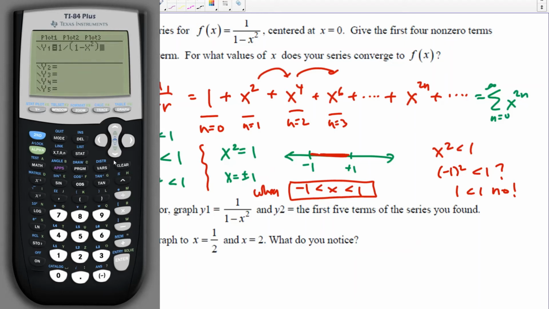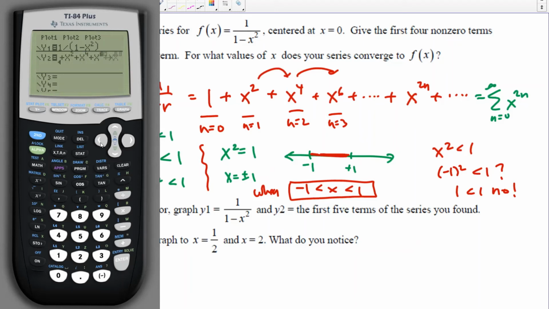Graph that and compare it with this series here: 1 plus x squared plus x to the 4th plus x to the 6th. And that's 1, 2, 3, 4. Let me put in another term, so x to the 8th.